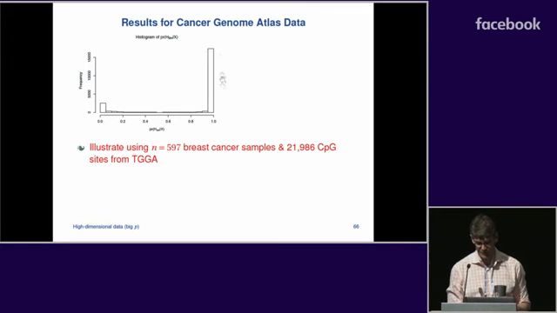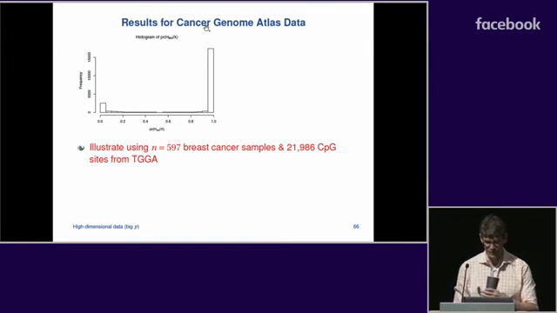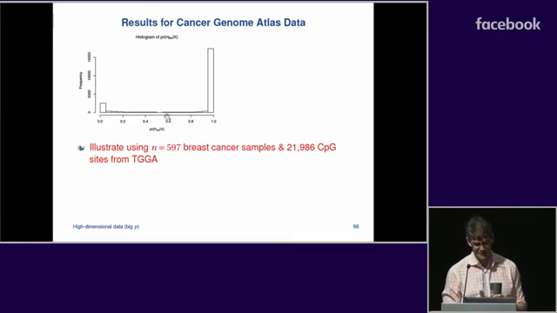You see most of the sites have no difference between the cancer subtypes, but there's a subset of sites having a low posterior probability of H naught, meaning a high posterior probability that there's a difference.